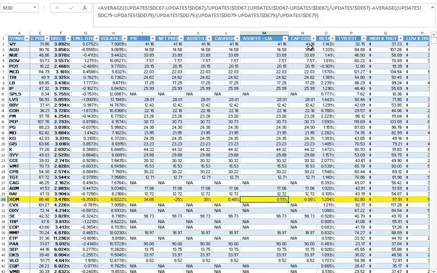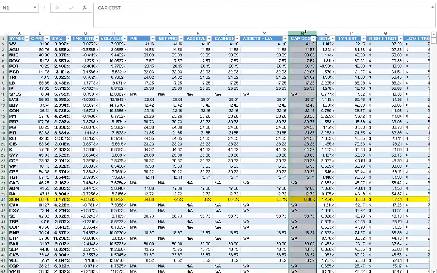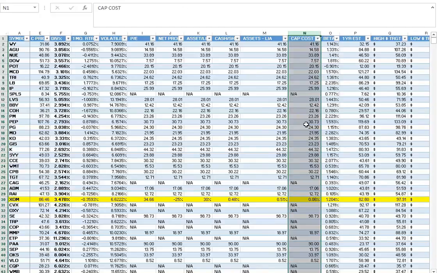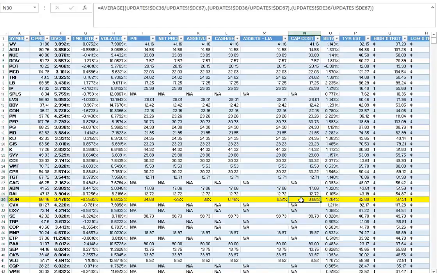All right. The next column here is what I call cap cost, or cost of capital. This is the interest expense that is paid on loans. What we're doing is taking the actual interest amount and dividing it by the total assets.